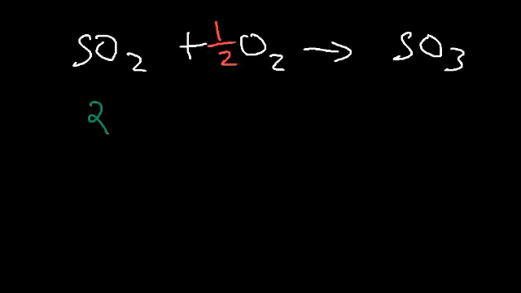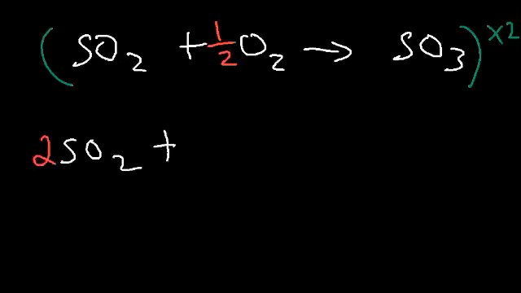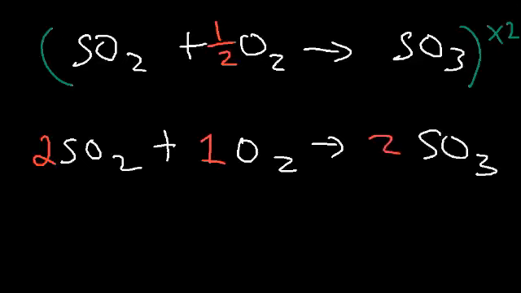So what we need to do is multiply the equation by 2. So 2 SO2, 2 times a half, we said it's 1, so 1 O2 produces 2 SO3 molecules. Notice that it's balanced at this point. So we have 2 sulfur atoms on both sides.